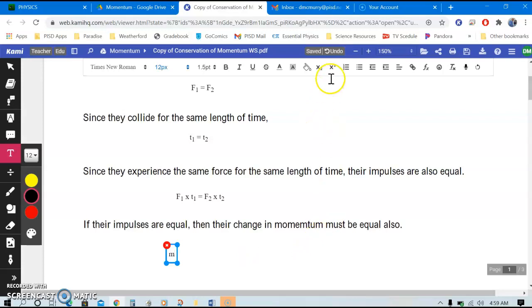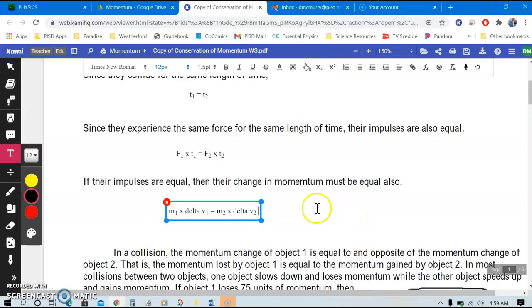So mass 1 times delta v, I haven't figured out how to do a Greek letter delta yet, for velocity 1, is equal to mass 2 times the change in velocity 2. And so their change in momentum is also equal.